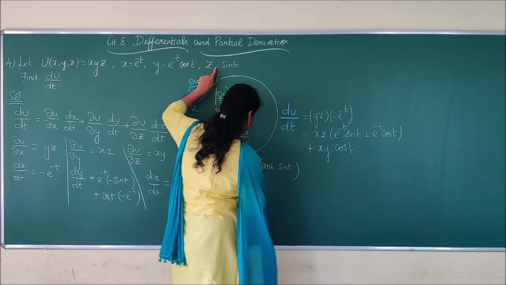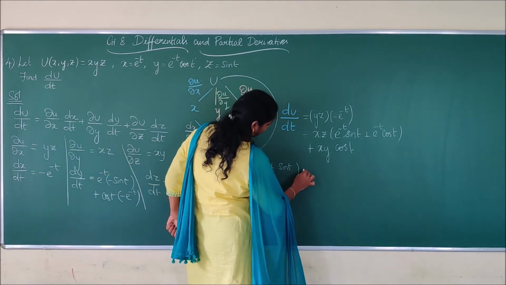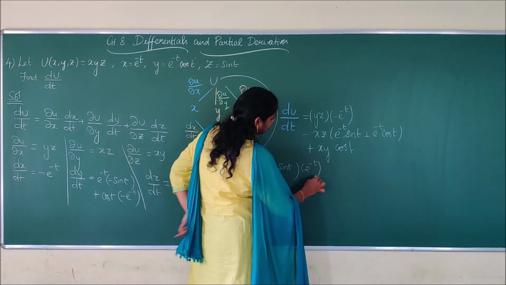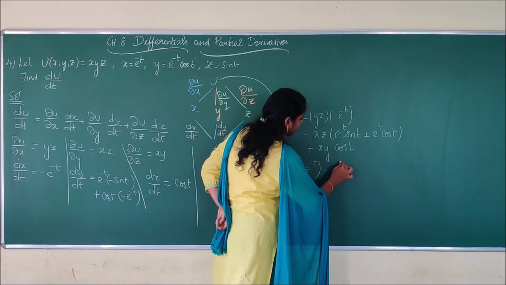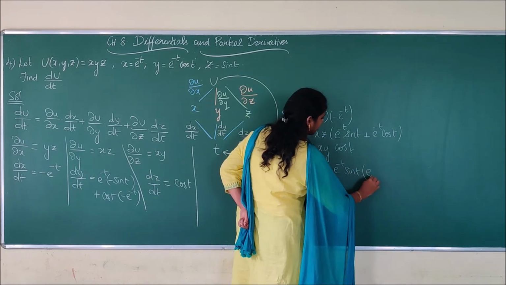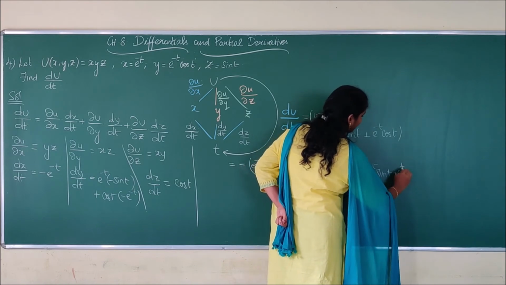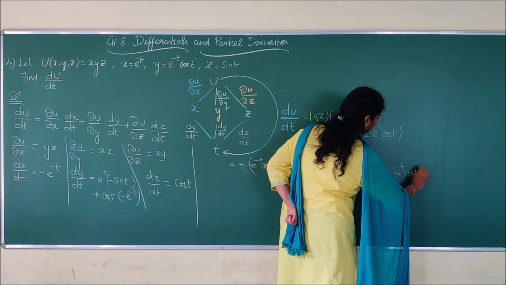Into, I have minus here, so I take the minus in front, and e power minus t. And here minus again e power minus t, my z is sin t, and this is again e power minus t sin t plus e power minus t cos t.